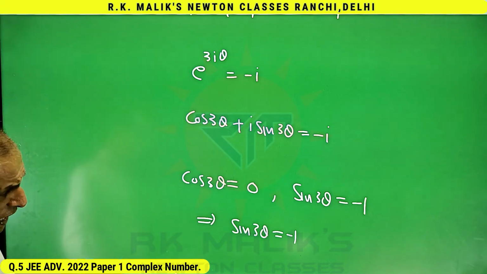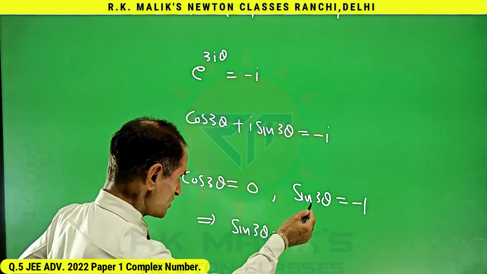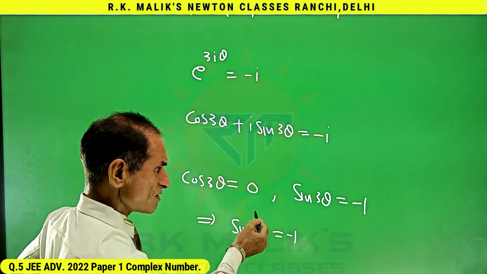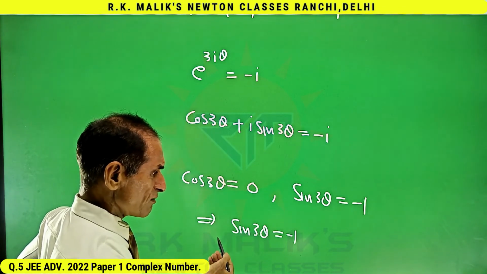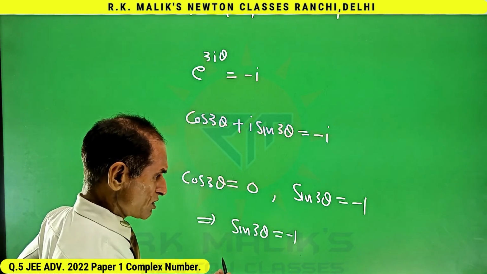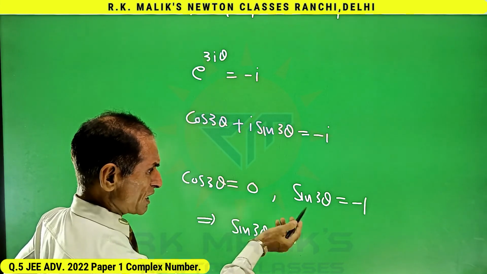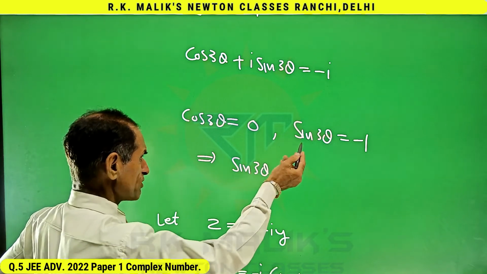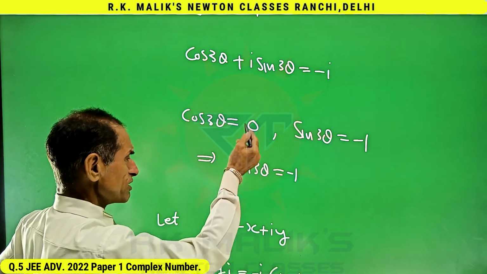That is, you will be getting extra values also if I take this and reject this. But if I take this and reject this, I will not be getting any value of theta which doesn't satisfy both. But the value of theta which will satisfy this will surely satisfy this.